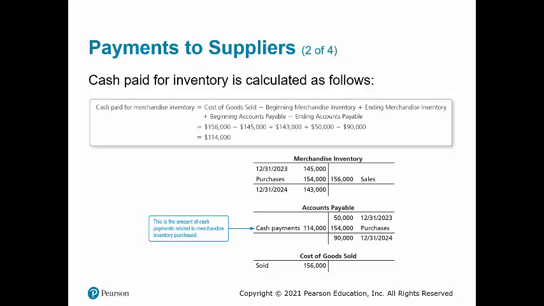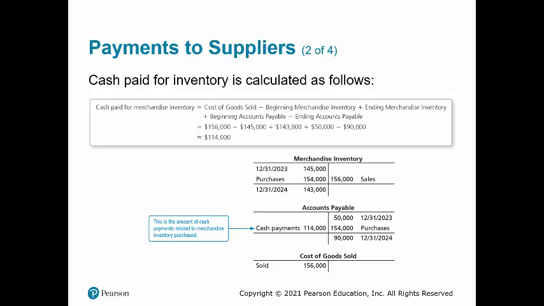So we start out with cost of goods sold from the income statement of $156,000, subtract the beginning balance in merchandise inventory of $145,000, add the ending balance in merchandise inventory of $143,000, add the $50,000 balance in accounts payable at the beginning of the period, and subtract the $90,000 at the end of the period.